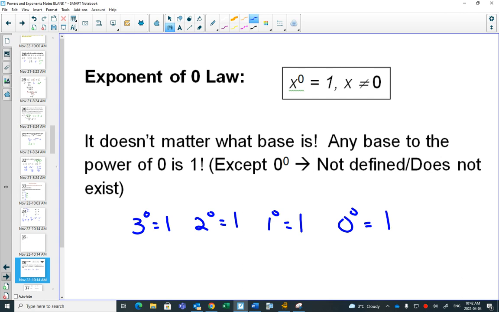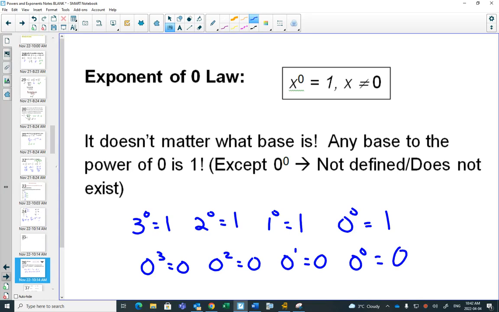Okay, but what happens if I do this? 0 cubed is 0, 0 squared is 0, 0 to the 1 is 0. What do you think 0 to the 0 should be? 0. Don't we have a problem here? We have two patterns that are contradicting each other. Okay? Mathematicians don't like that. So in the end, they just say it doesn't work.